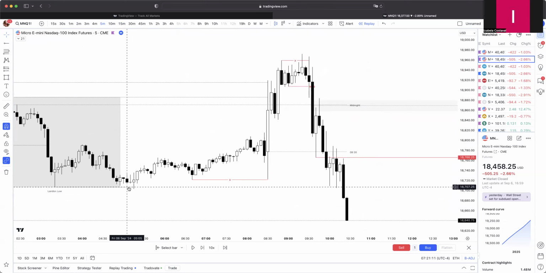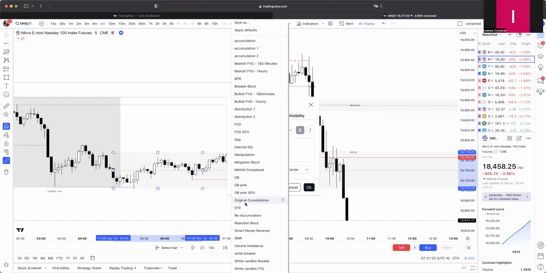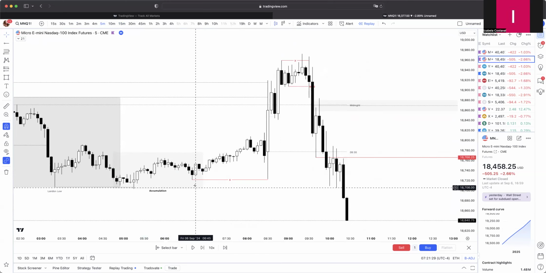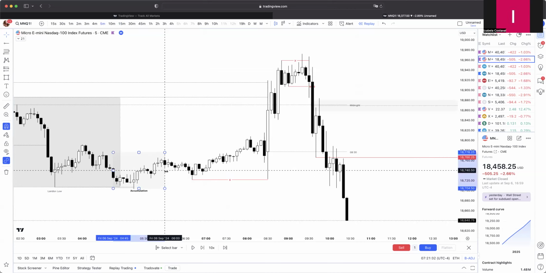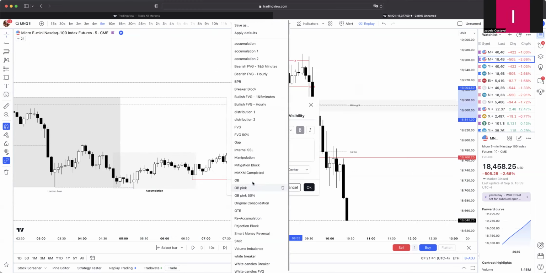Because your original accumulation should be right here, somewhere around here, because you want to get the low of the low. Then first distribution right there, or second accumulation, whatever it is.